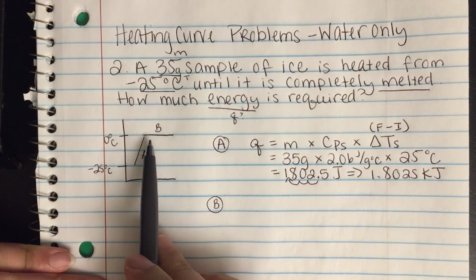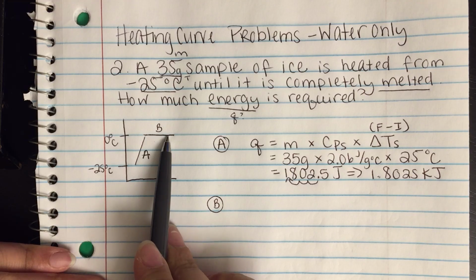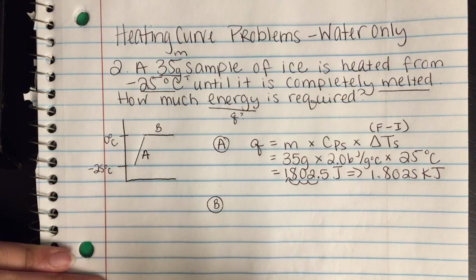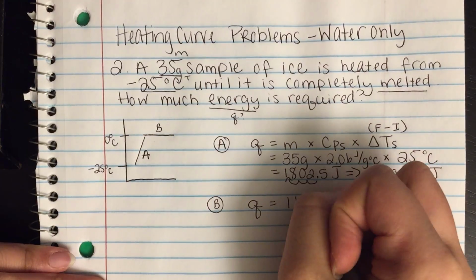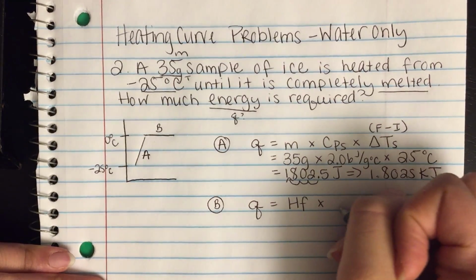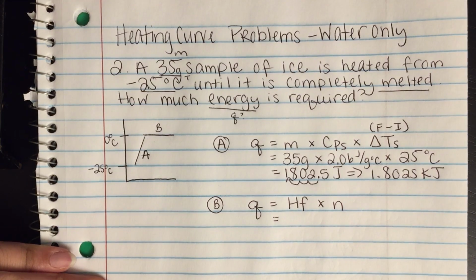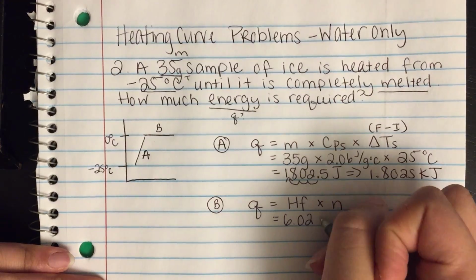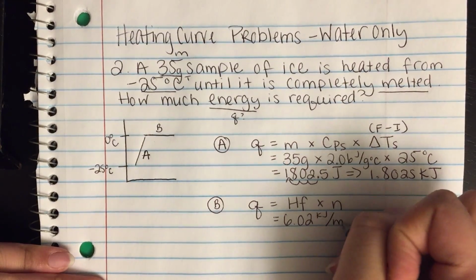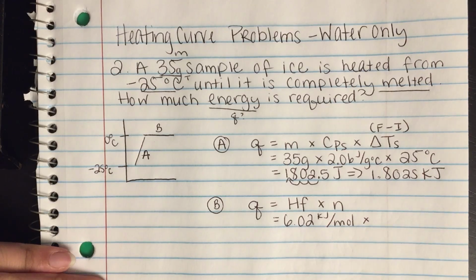So B is the process of melting, which means we have to look at the heat of fusion. The equation that involves is Q equals H_f times n. So our heat of fusion, that also you can look at the top of your chart. So H_f is 6.02 kilojoules per mole, and you're multiplying that by your number of moles.